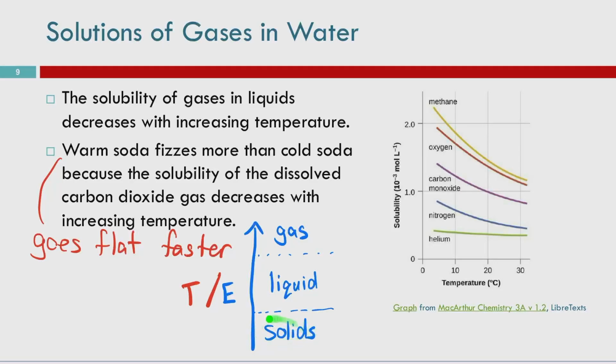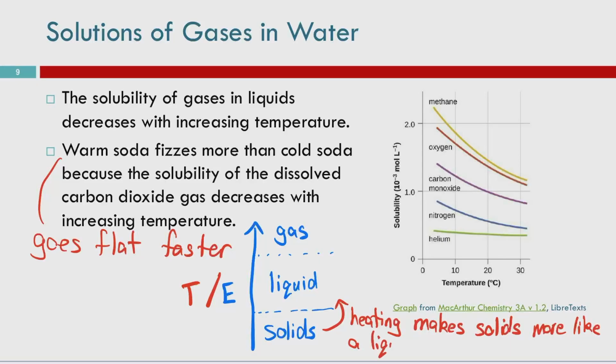Do they become more or less like a liquid? They become more like a liquid. Heating makes solids more liquid-like. And because they're more like a liquid, they dissolve easier.